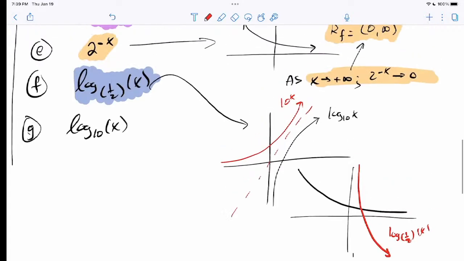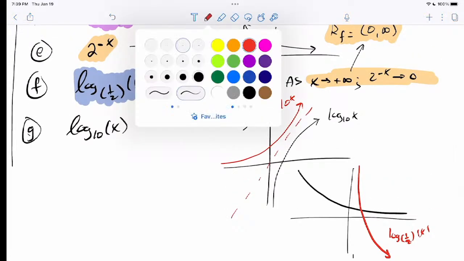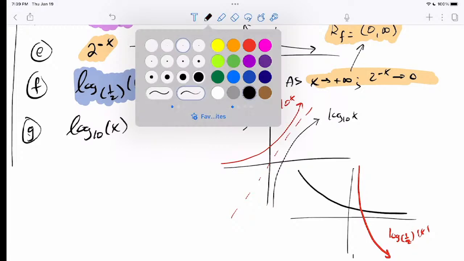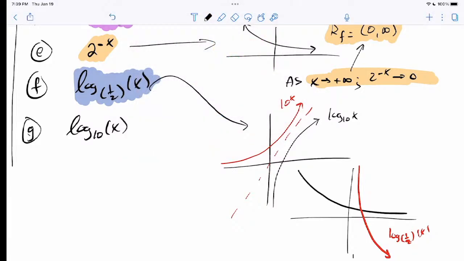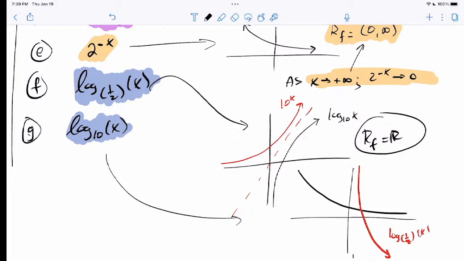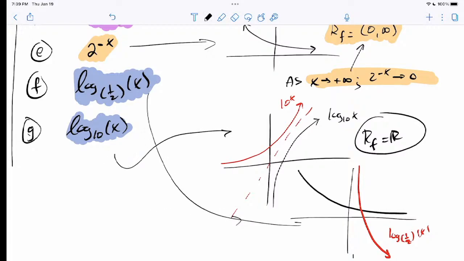So the range of this function, actually both log functions, is all real numbers. So for both of these, the range becomes all real numbers. That's base 10, and this is base 1/2.